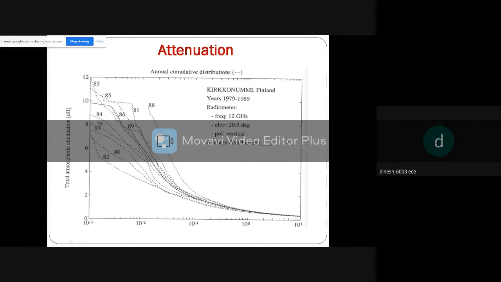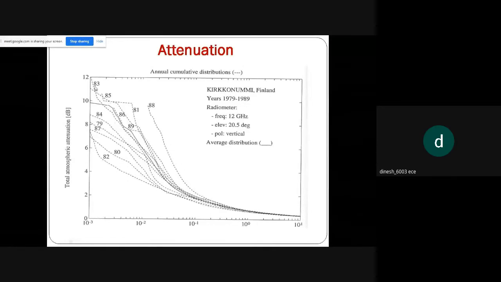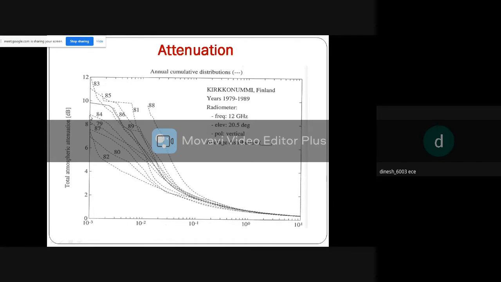And during 1983, it was the highest peak, around 12. 12 decibels was attenuated. Then in 1984, it was around 9.